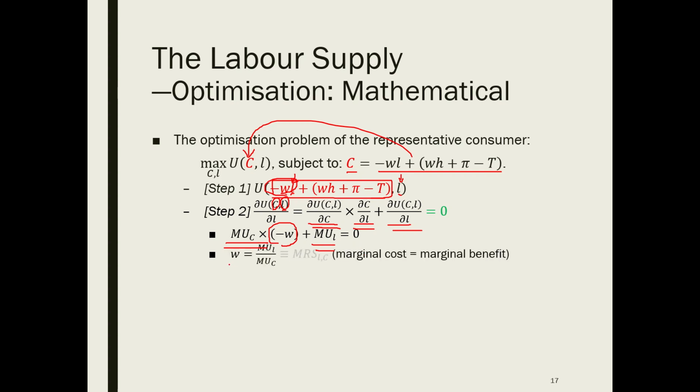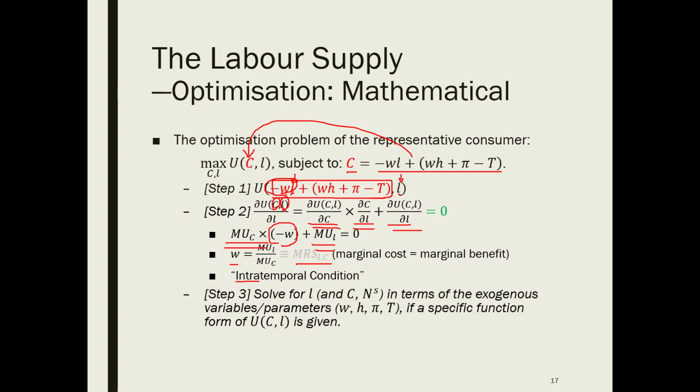The left-hand side is the marginal cost of leisure, and the right-hand side is the marginal rate of substitution between leisure and consumption. This marginal condition is also called the intratemporal condition because it describes the optimality of a static decision within a period. It is intratemporal because the decision only affects variables within one period.